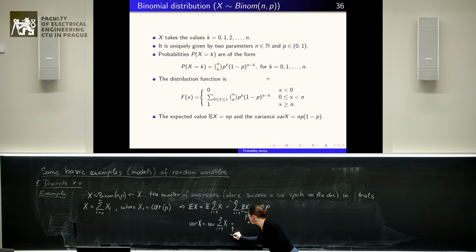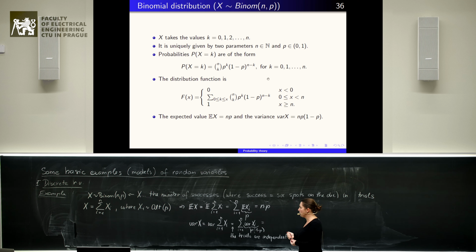So thanks to this independence, we can write that it is the sum of the variances, and we know that the variance of a Bernoulli distributed random variable is equal to p times 1 minus p.